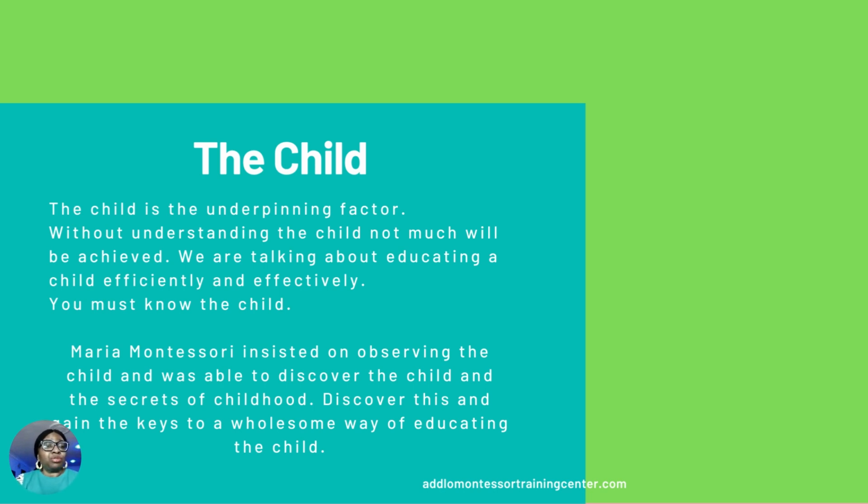If we want to educate our children for life, we need to understand these things. What did she discover? What is really the secret of childhood? When you discover this and gain the keys of a wholesome way of educating the child, you will know how to prepare the child for life.